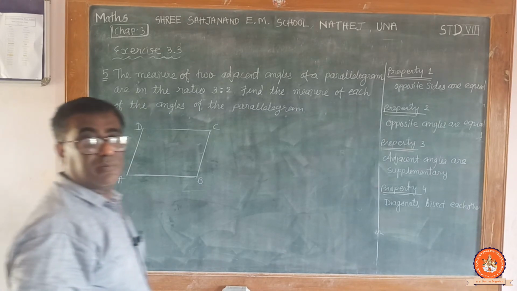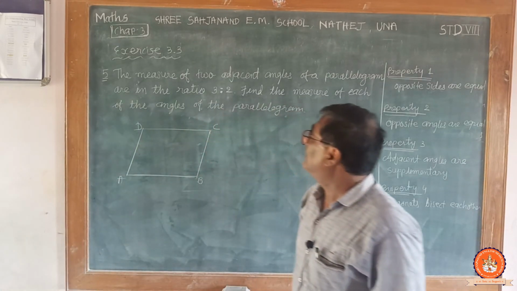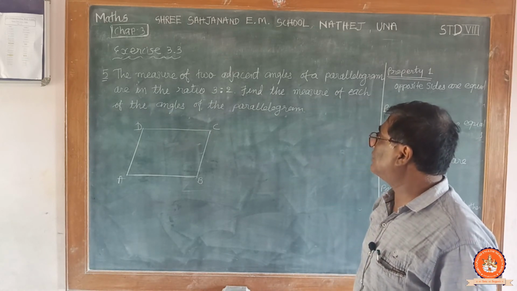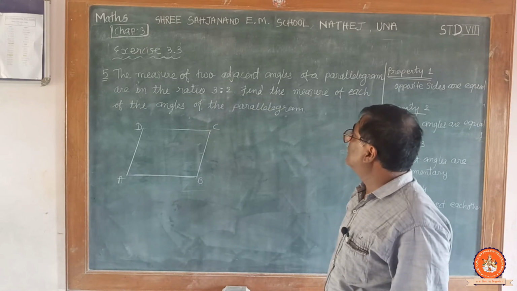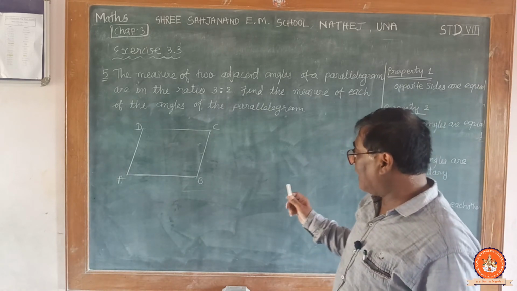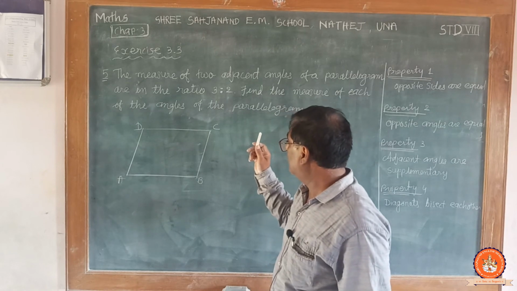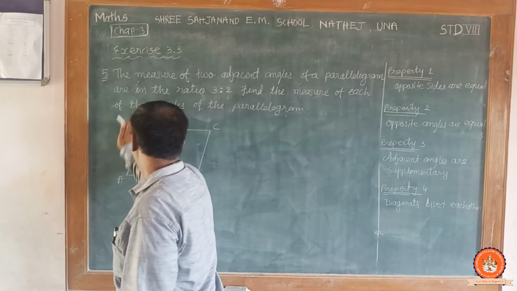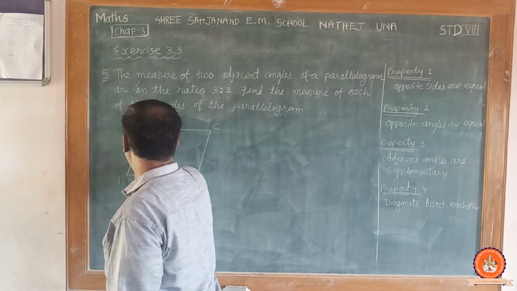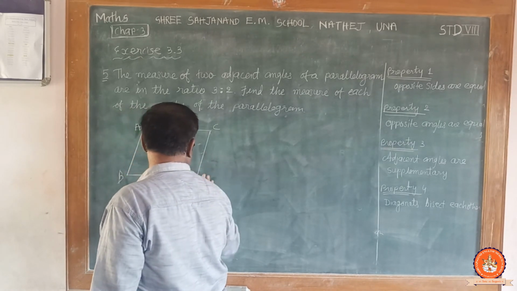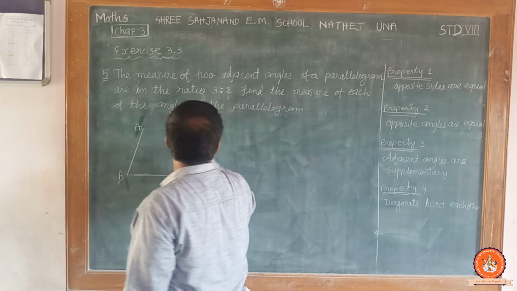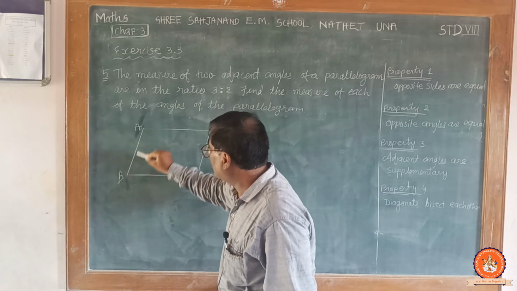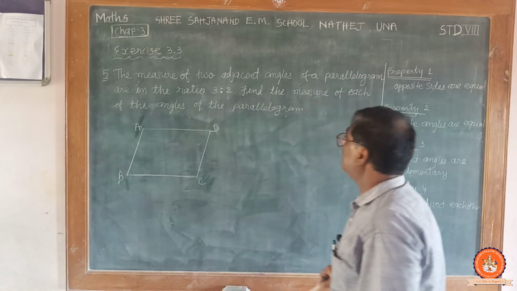Now question number 5. The measure of two adjacent angles of a parallelogram are in the ratio 3:2. ओके, सो पैरेललोग्राम के दो एडजेसेंट एंगल का रेशियो 3:2 है. Suppose this is parallelogram ABCD और उसके एक पेयर एडजेसेंट एंगल A और B दोनों का मेजर का रेशियो 3:2 है.